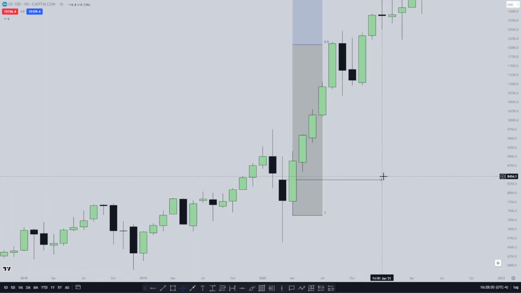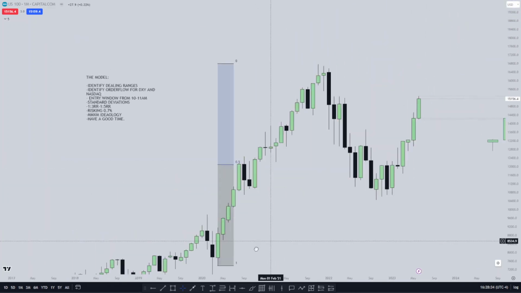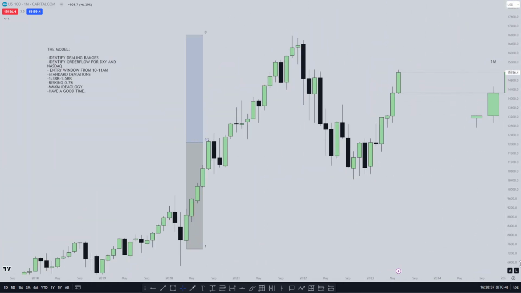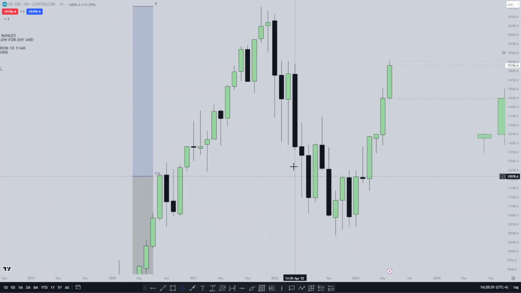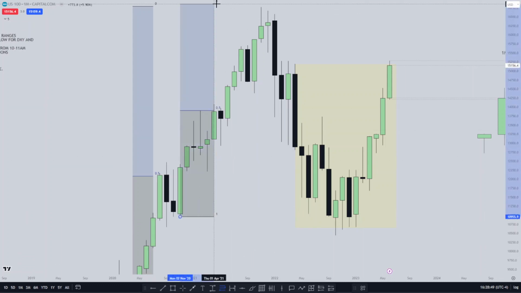But anyways, this candle was the last move before the expansion. Originally, if none of this happened, and if this from here to here didn't happen, my daily range should be from here to up here.